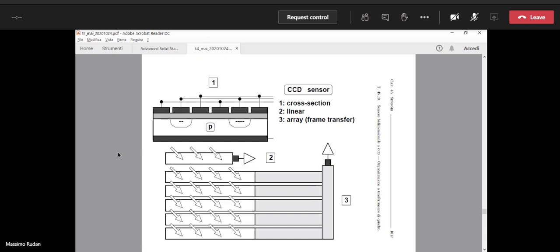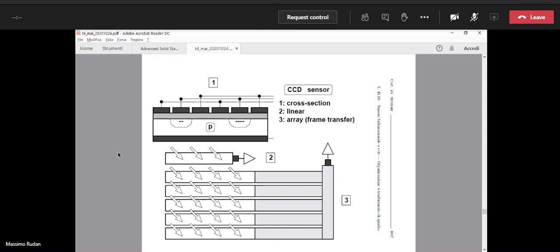Another advantage of solid-state sensors like this, not simply the frame transfer array, but of all solid-state sensors, with respect to the traditional implementation of video displays, is in the possibility of obtaining color signals.